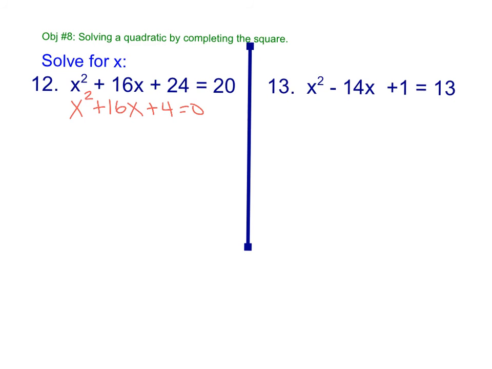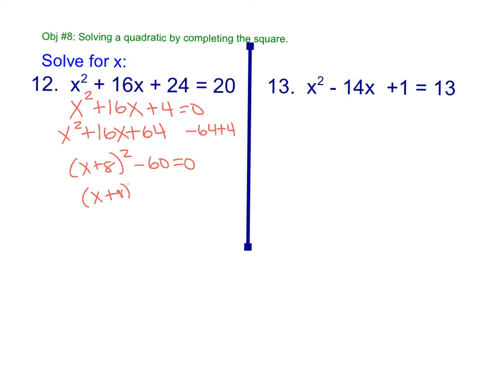So we get half of 16 is 8. 8 squared is 64. And then we have our minus 64 plus 4. So that's x plus 8 quantity squared minus 60 equals 0. So then we just moved it over anyways.